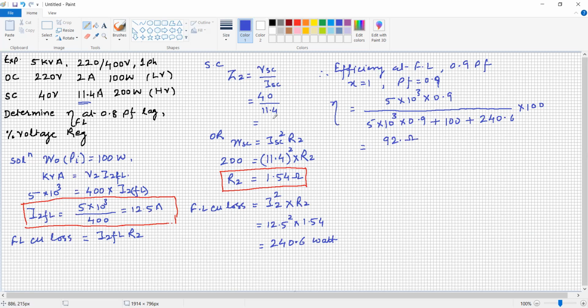Now Z2 we have calculated here, it is 3.5. So this is the efficiency.